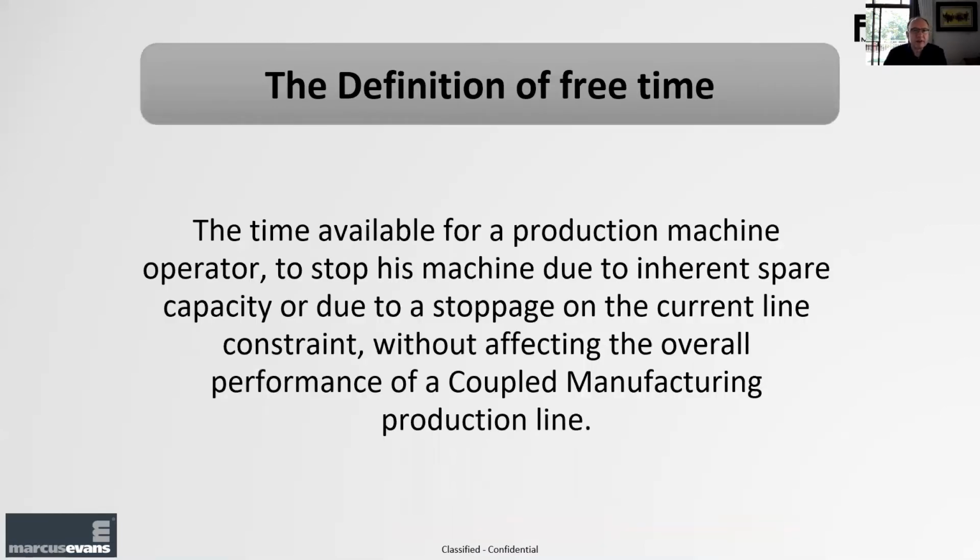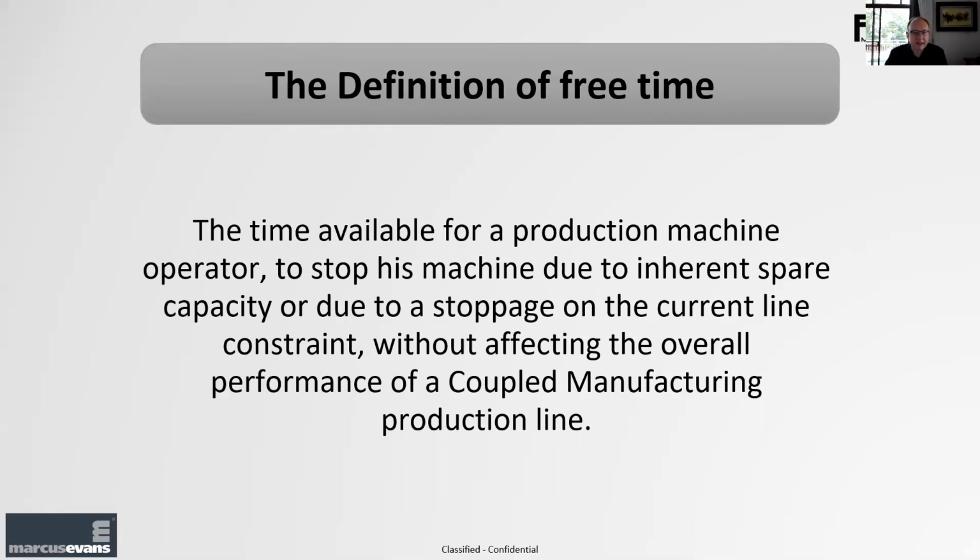So here is the definition of free time. It's the time available for a production machine operator to stop his machine due to inherent spare capacity or due to a stoppage on the current line constraint without affecting the overall performance of a coupled manufacturing production line. But let me unpack this. It's available due to two factors.